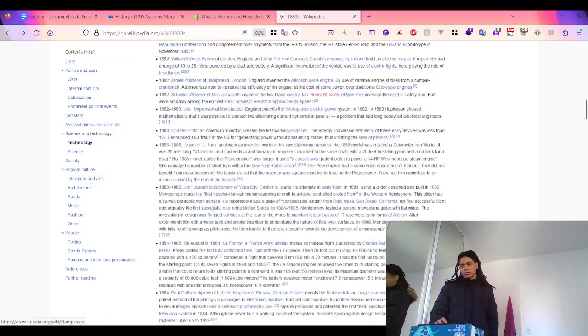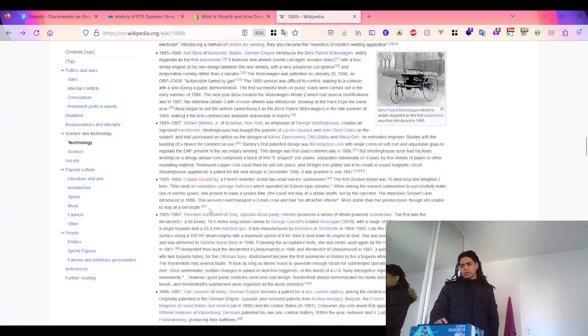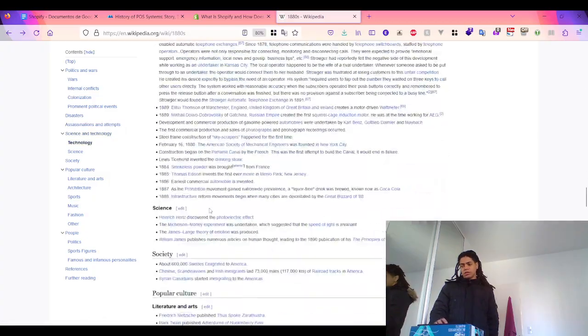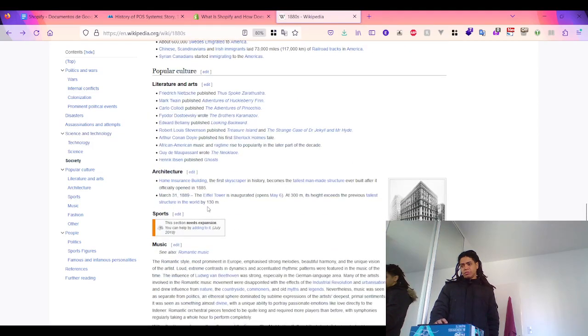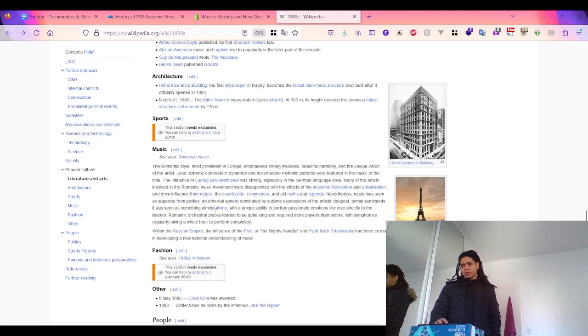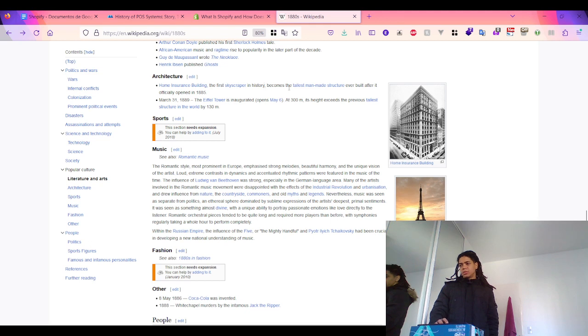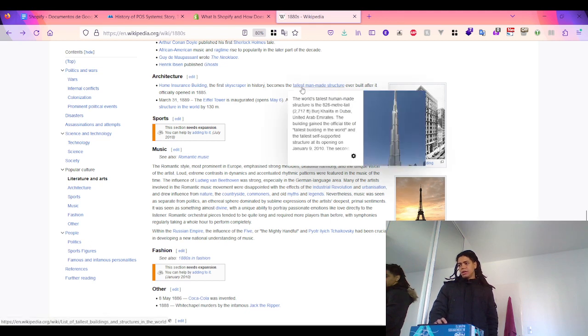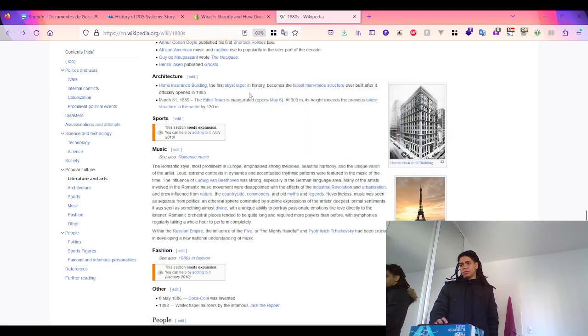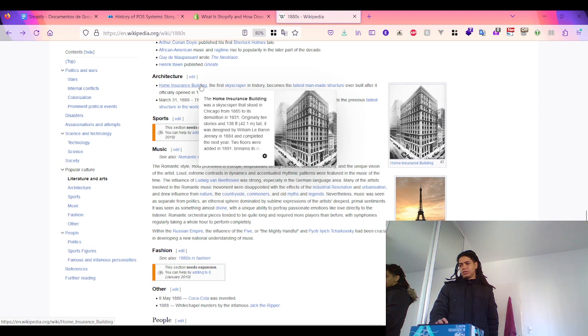Technology. Architecture: the Home Insurance Building, the first skyscraper in history, becomes the tallest structure ever built after it officially opened in 1885.